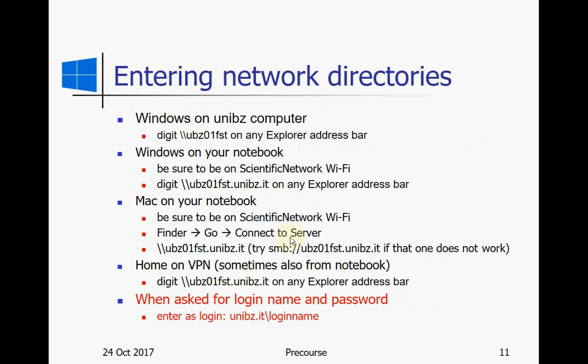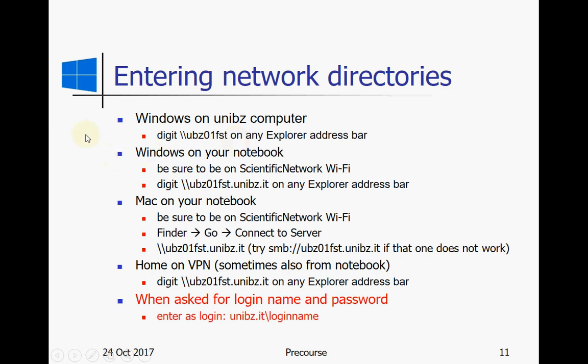And now we start with network directories. At the university, we use some network directories which are stored on the network disk ubz01fst. How to reach this network disk? Well, it depends on where you are. If you're using a university computer, it's very simple.